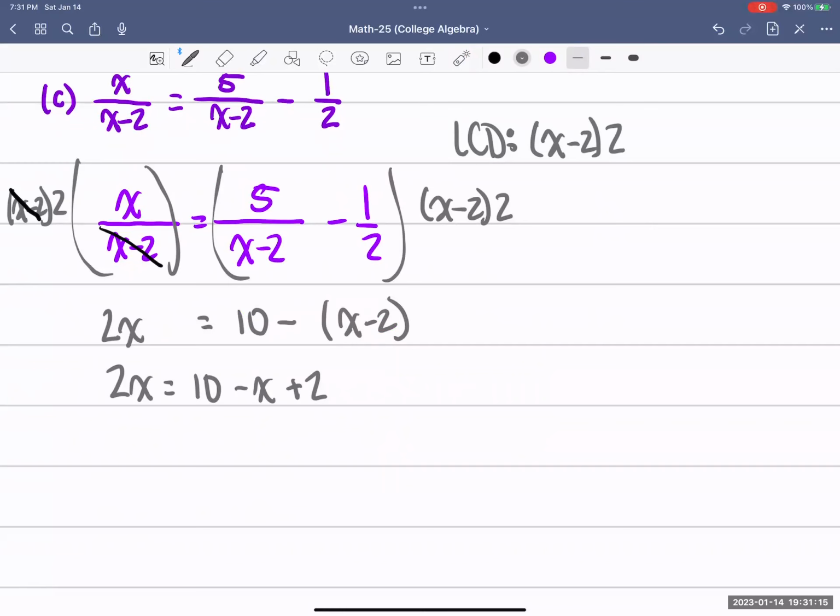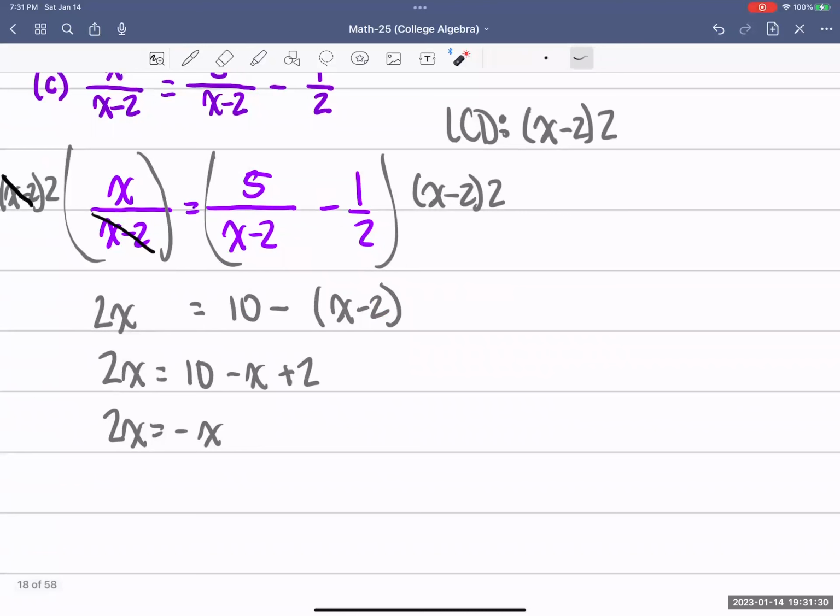So on the right side, we could combine like terms. So left side is going to remain the same. Can't do much there. But here I have term and term. Let's get our variable in first. So negative x. And then we have 10 plus 2. That gives us 12. So plus 12.